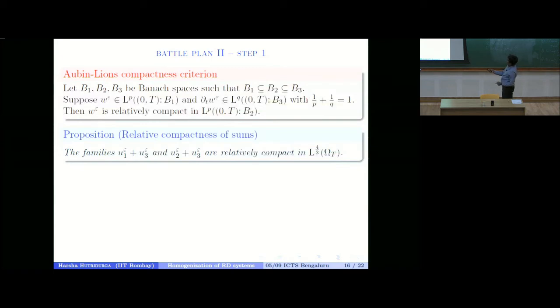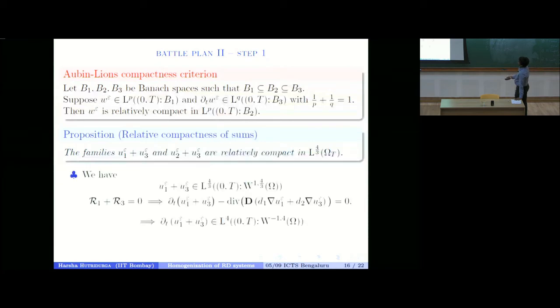So you take a sequence which is valued in the first, and the time derivative of the same sequence valued in the other end, then your W epsilon will be relatively compact in L^p in the middle Banach space, B2.